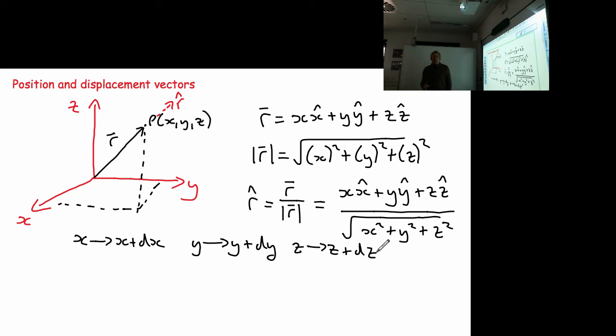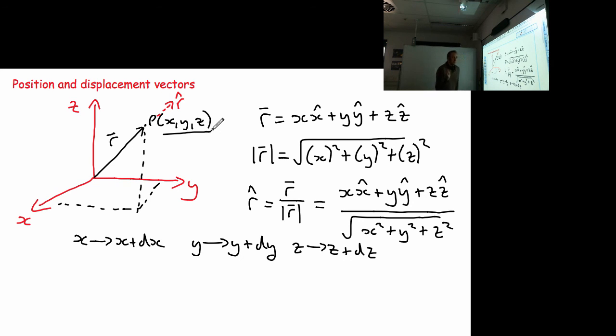Now what we can write down here is an infinitesimal displacement vector from the point x, y, z to the point given by x plus dx, y plus dy, and z plus dz.